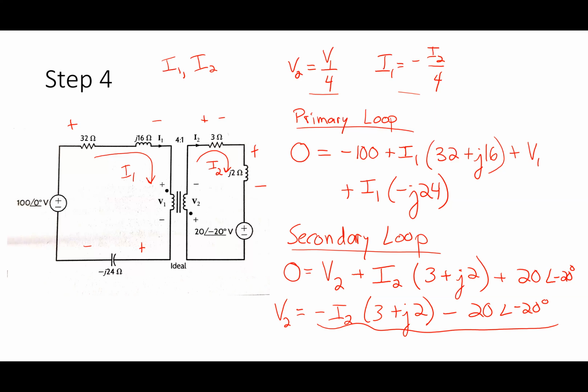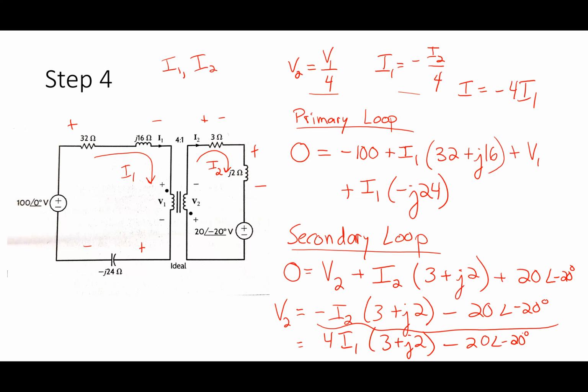Yeah, with the I1. Basically, I can get rid of I2 by saying I2 equals negative 4I1, right? So this guy becomes 4I1 times 3 plus J2 minus 20 angle negative 20. Follow what I did? I used my current relationship, substituted it in there.